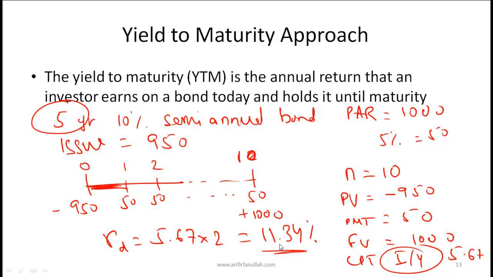So as you can expect, since this is a discount bond, the interest rate is going to be higher than the coupon rate, and if you get this answer, that is what you use as the pre-tax rate for your WACC formula.